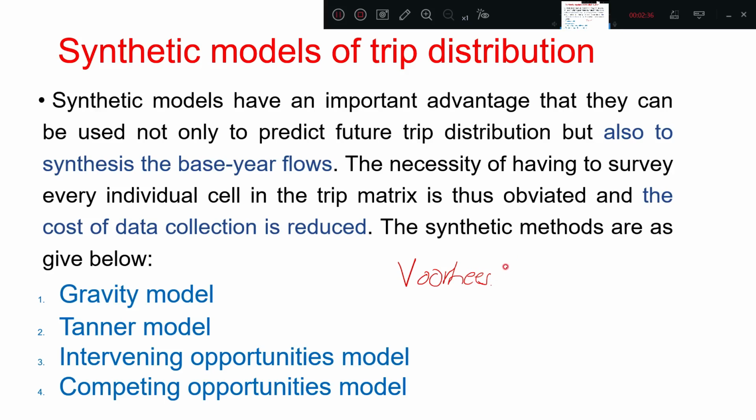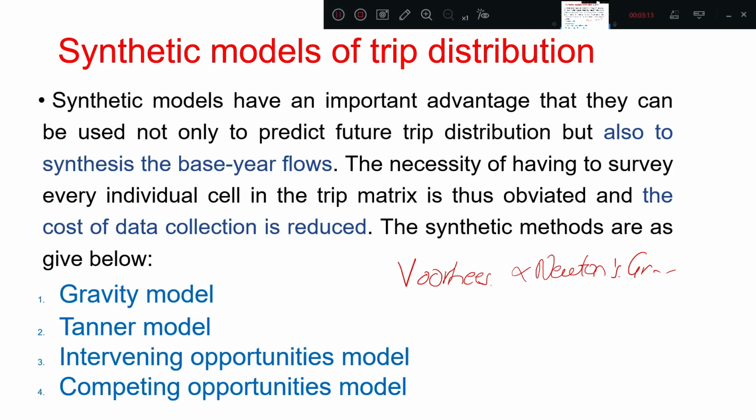It is proposed based on Newton's gravity model. It is assumed that the interchange of trips between the zones in an area is dependent upon the relative attraction between the zones and the spatial separation between them as measured by an appropriate function of distance.